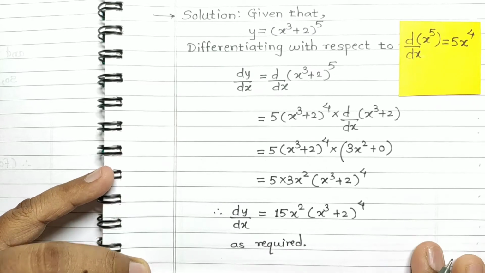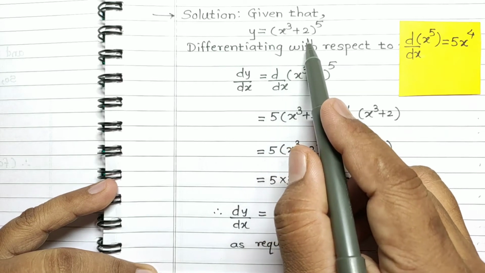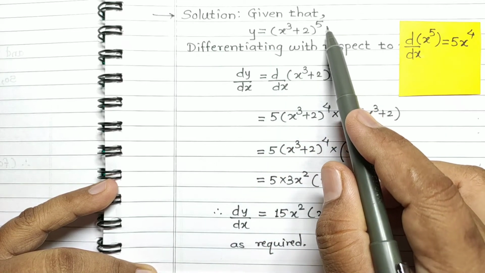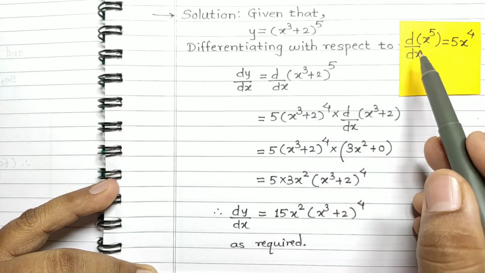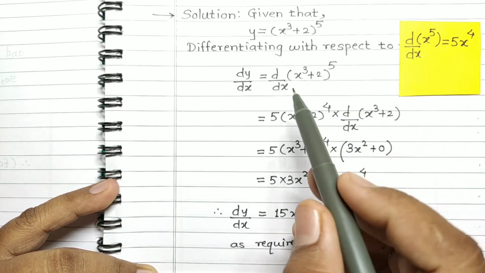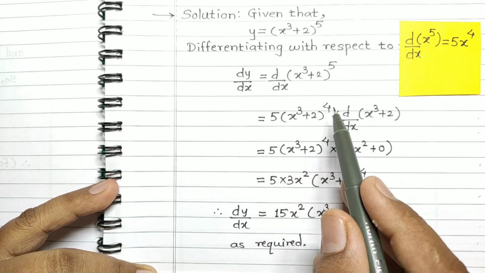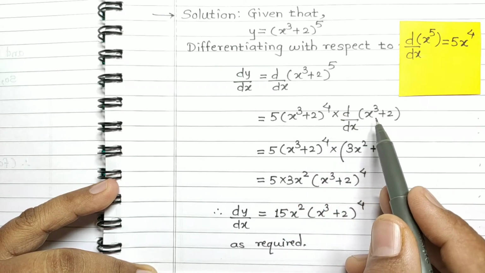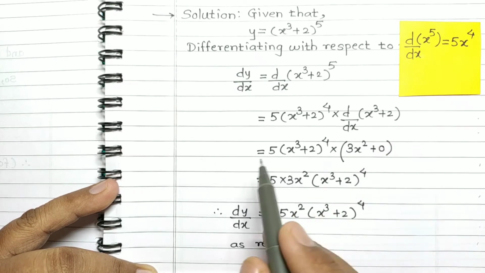Let me explain it again. We are treating the given function as something raised to 5. So we are going to write down its derivative like this standard form. Its derivative is 5 into something raised to 4 into the derivative of something, which is x cube plus 2.